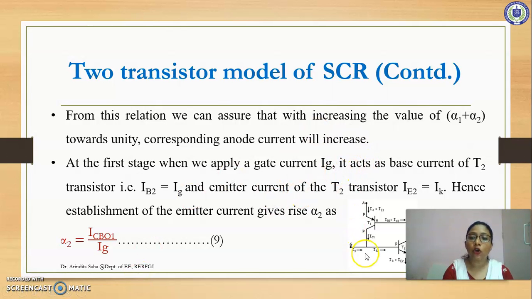IG only, then it is also the base current of transistor T2, and IE2, the emitter current of transistor T2, is also the cathode current.